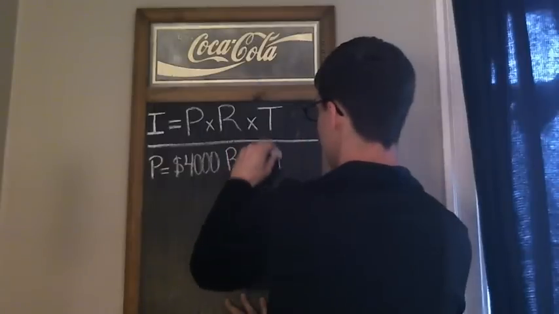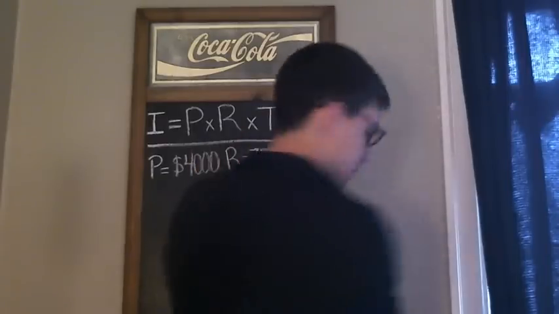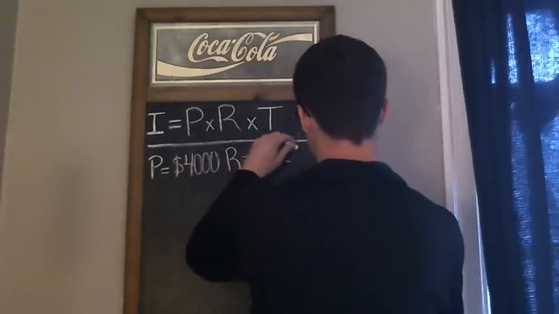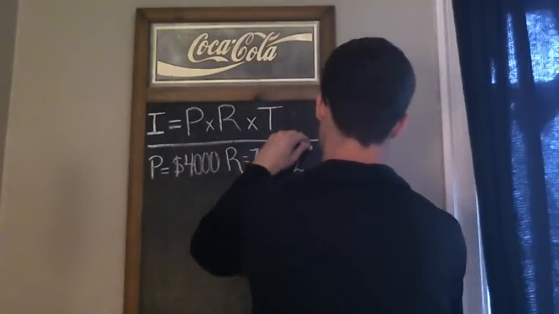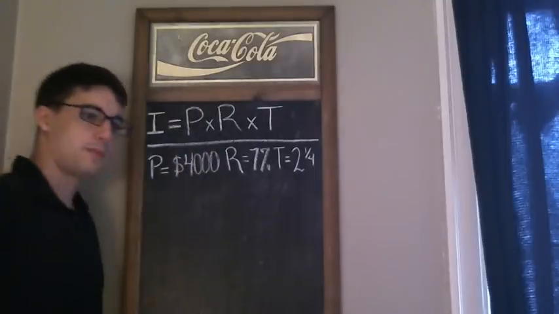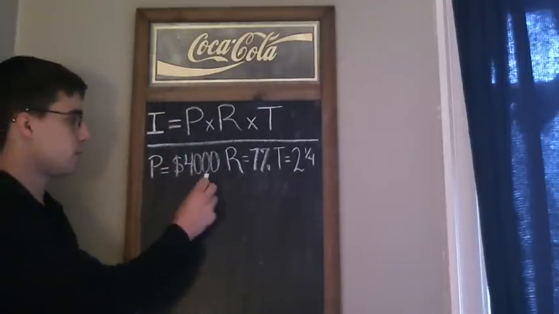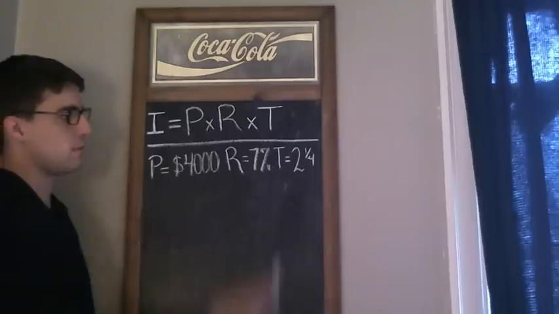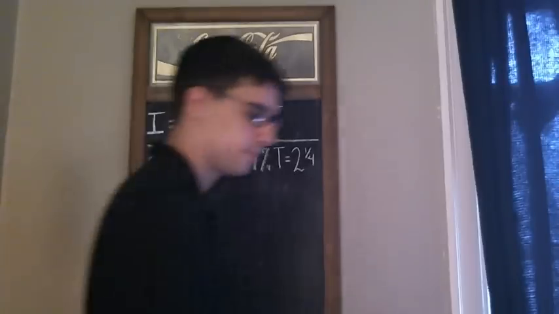And your time is 2¼ years. Can everybody see that? We've got your principal 4,000, your rate is 7%, and your time is 2¼ years.